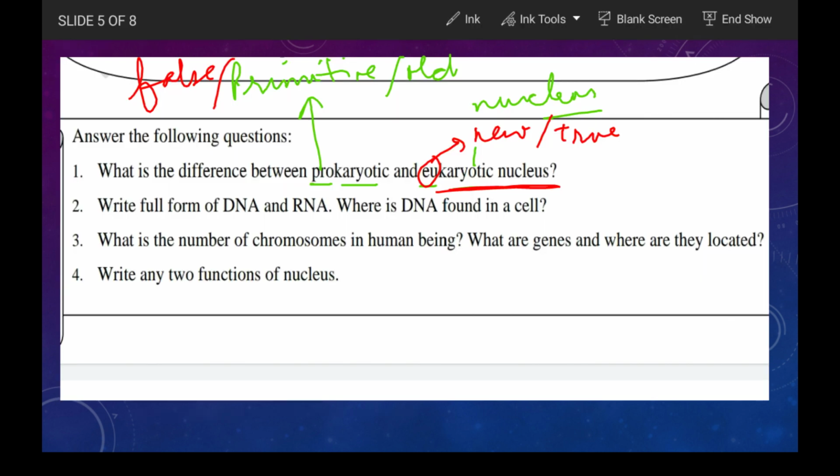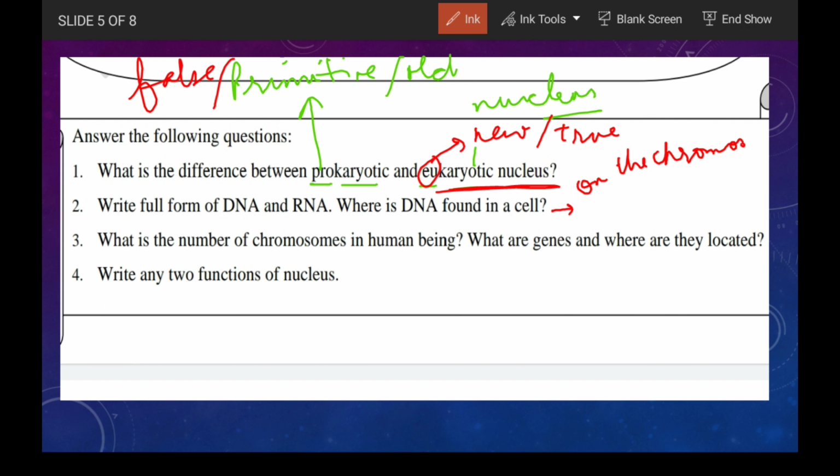Now, what is the full form of DNA and RNA, and where is DNA found in the cell? We can write it here. DNA is found where? On the chromosomes in the nucleus.